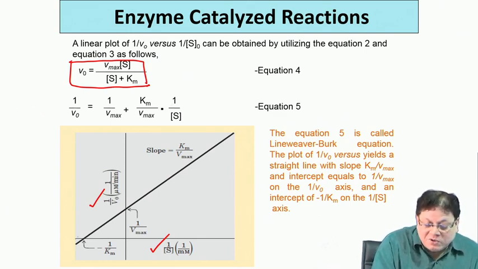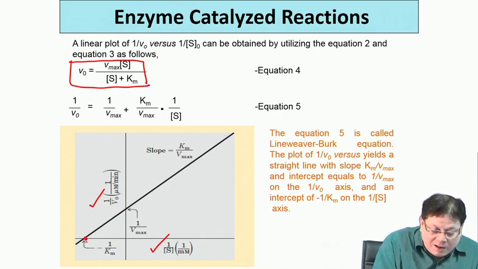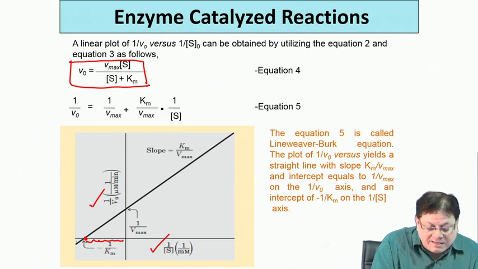So, now you get a straight line, and what is the value of the x axis intercept here?